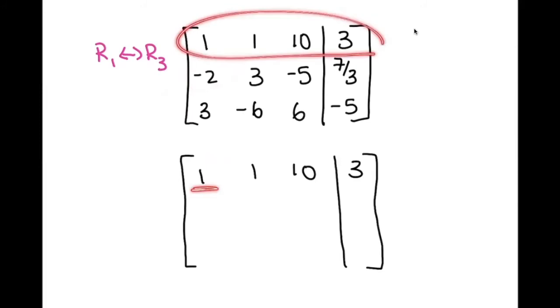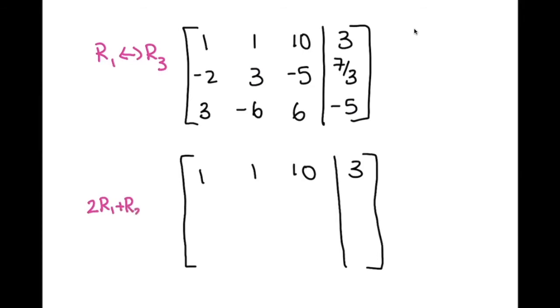So I want to use that 1 that I made and manipulate it somehow to get 0 here. Well, I can multiply 1 by a +2 and add it to a -2 to get a 0. So we want to multiply row 1 by +2, so 2 times row 1, add it to row 2, and put it where row 2 is. So let's go ahead and do that.